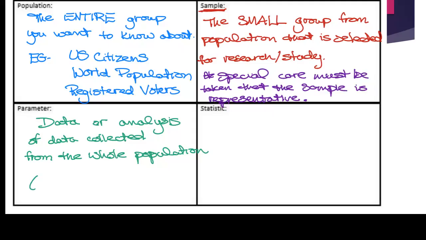I'm going to put down here, could be a guess, because you're not really talking to the people. You can't talk to the entire population. Could be a guess. Don't love that though.